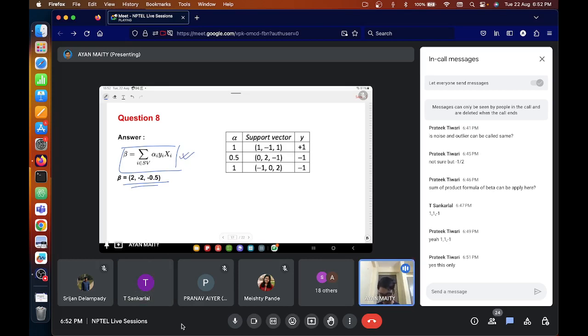I think the answer would be 2 minus 2 minus 0.5, if I have not miscalculated it, but you can recheck whether this is the correct answer. Pratik is also saying the same answer, 1 1 minus 1, but I'm not getting the same answer.